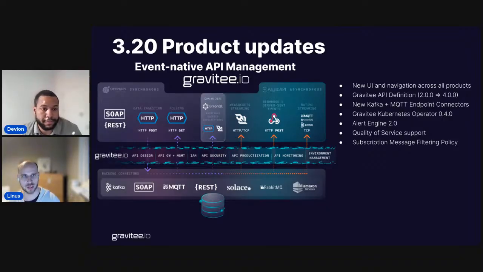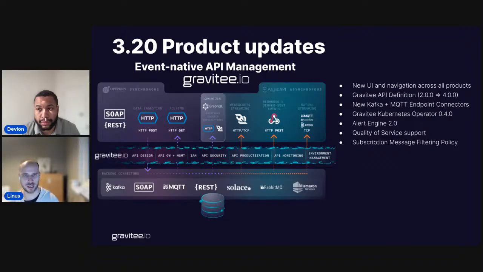So we'll go through a new user interface that we released as part of 3.20. We'll go through what we call the Gravitee API definitions, and we'll talk a little bit about Kafka and MQTT specifically, and how we are supporting those technologies with our gateway.